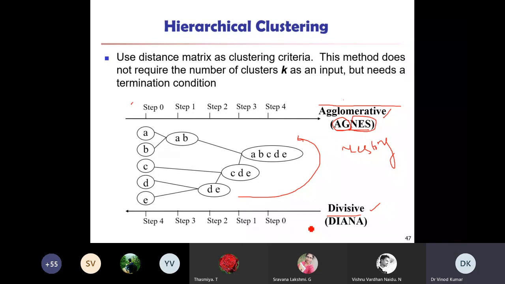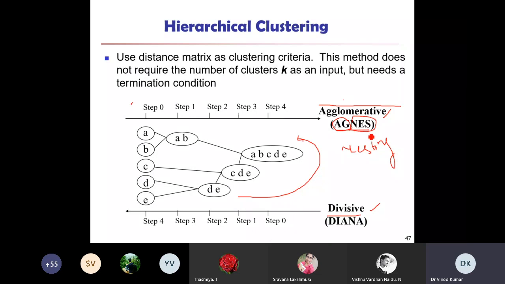In agglomerative hierarchical methods, we follow the bottom-up strategy. We begin with as many clusters as objects, and clusters are successively merged until only one cluster remains.